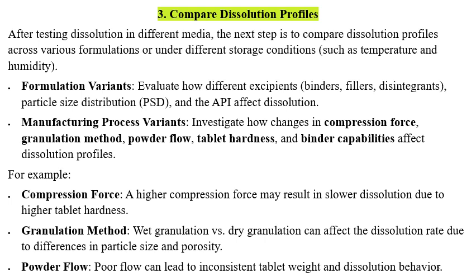Then manufacturing process variants: investigate how changes in compression force or granulation method or granulation time, powder flow, tablet hardness, binder capabilities, binder levels, disintegrant levels can affect the dissolution profile.